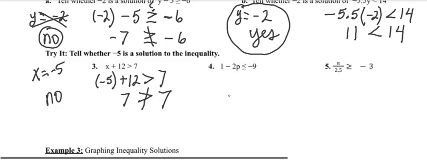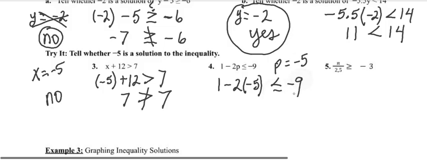All right, number 4. On this one, we're testing to see, could p equal -5? Daniel, what would we do here on this one? Just plug in the negative. Yes. Now what is -2 times -5?